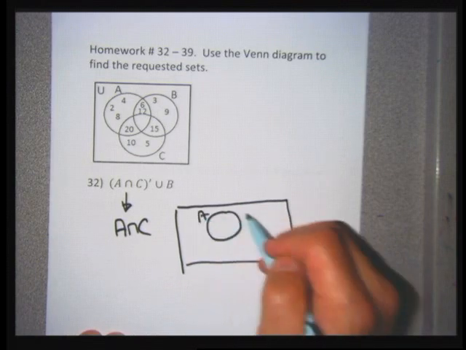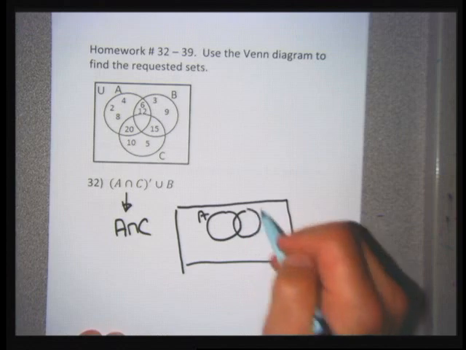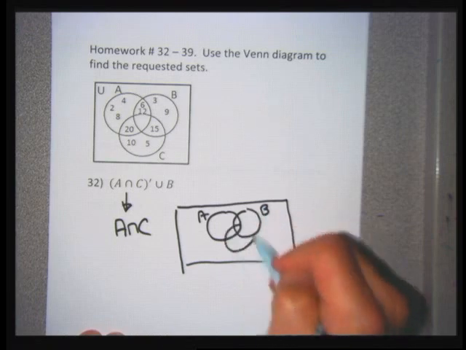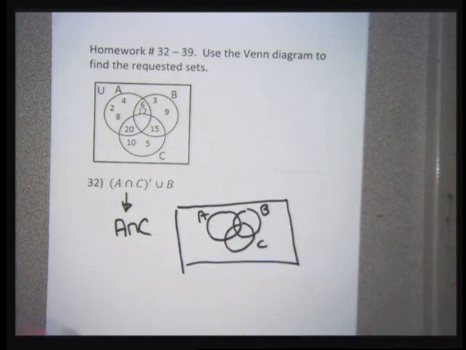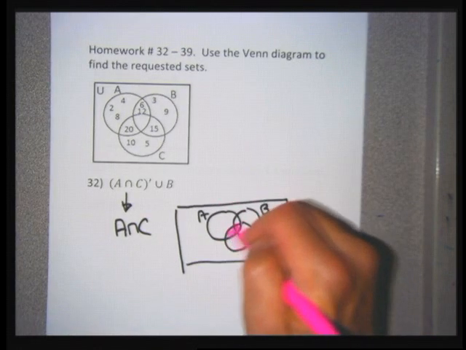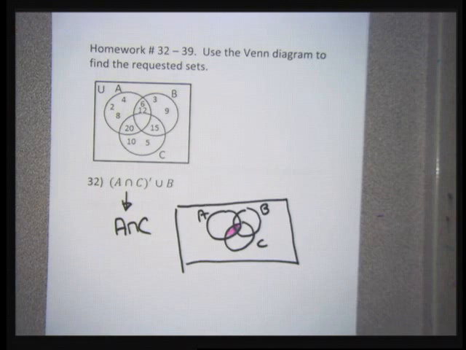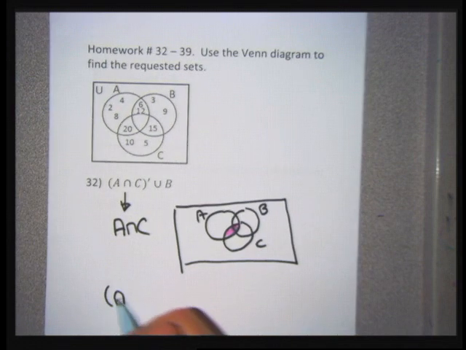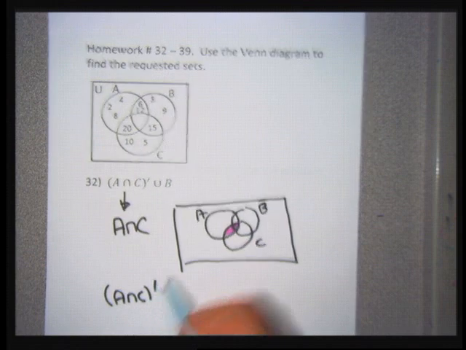So A intersection C is going to be where the A and the C circle overlap. And the A and the C circle are going to overlap right there because it's inside the A circle and inside the C circle. Also a bit inside the B circle, but I'm not so worried about that. That's not what I need because I need to have a graph of A intersection C prime.